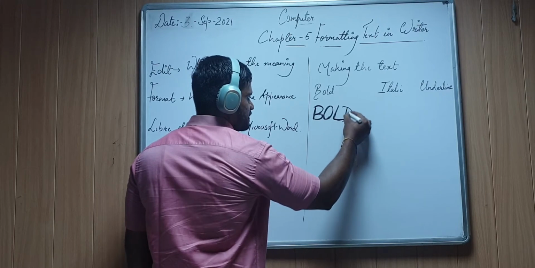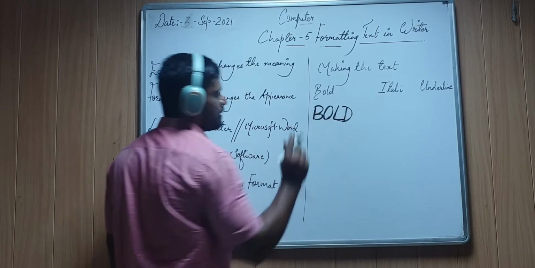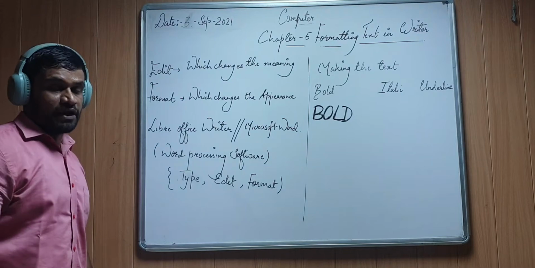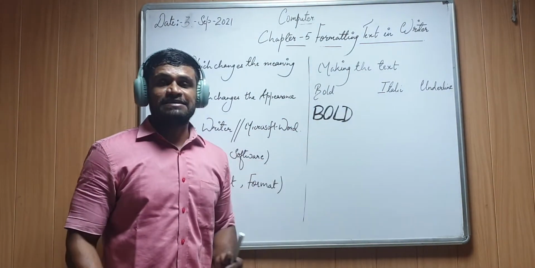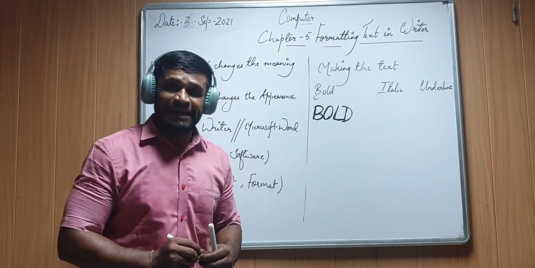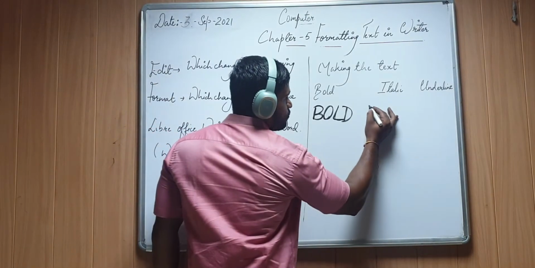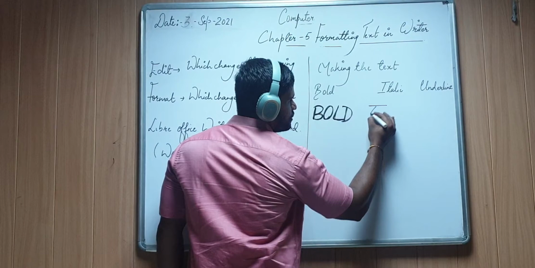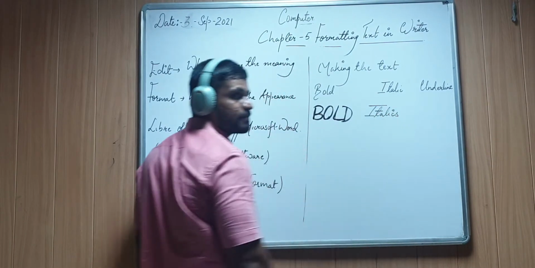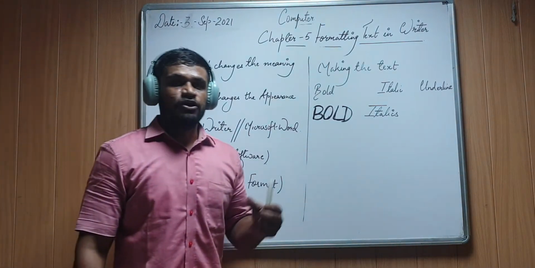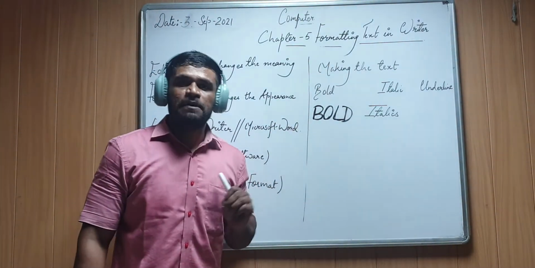Okay, bold means gehra or darker likhna. You can make the text look bold. Even you can write the text in a slant manner, which is italics. Italics means उसको थोड़ा slant manner में, थोड़ा तिरछे manner में लिखना, like I am writing right now. Italics, which is mentioning your text in little bit slant manner.